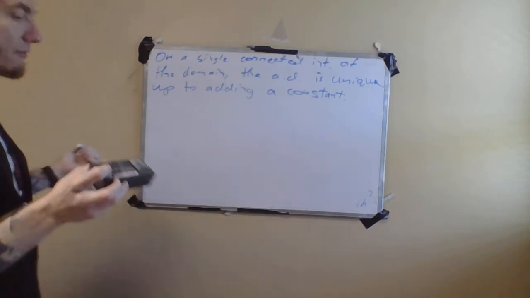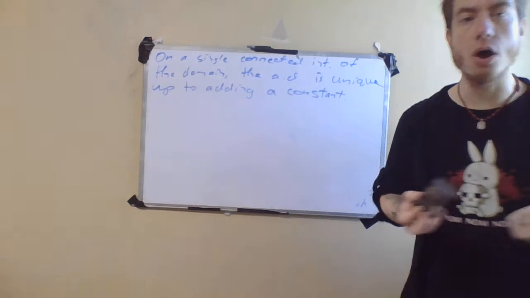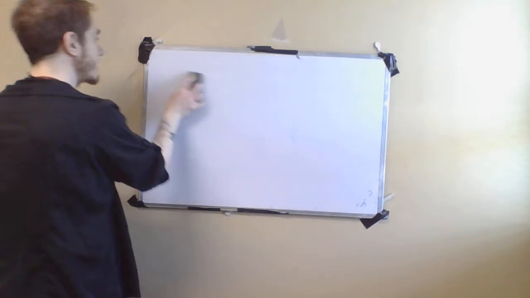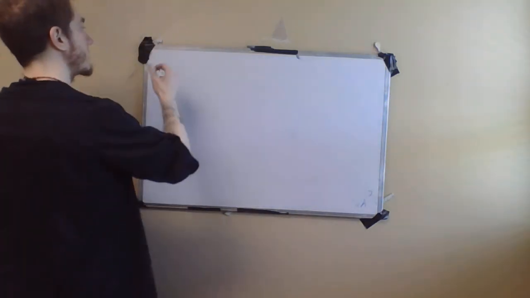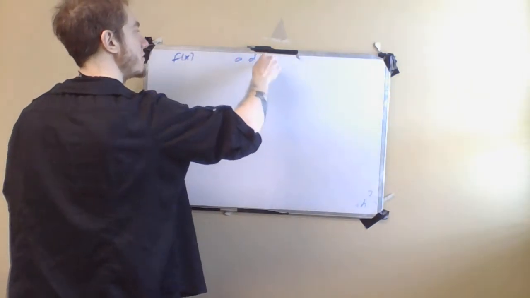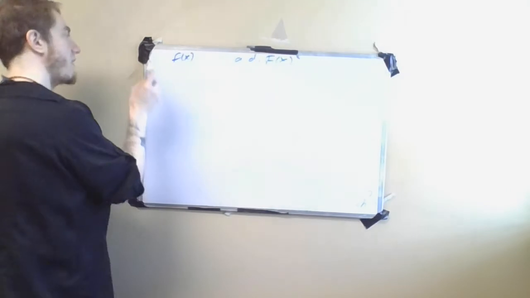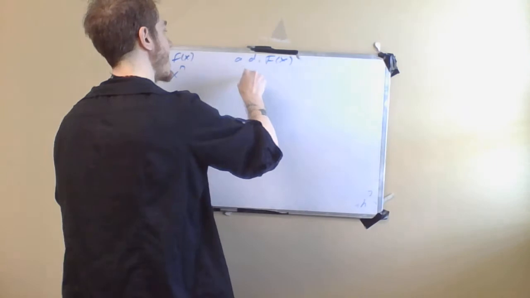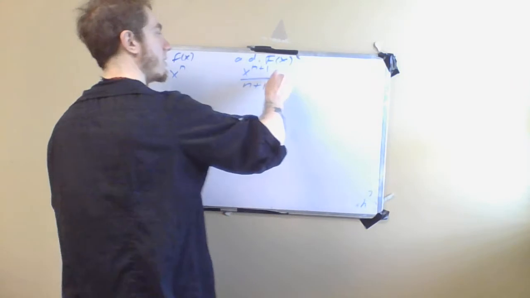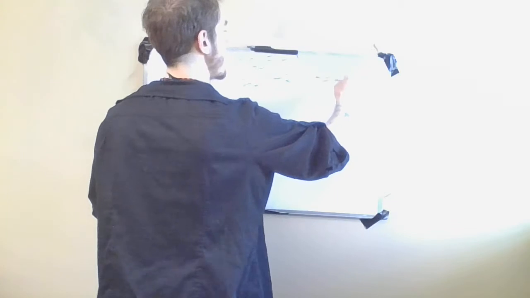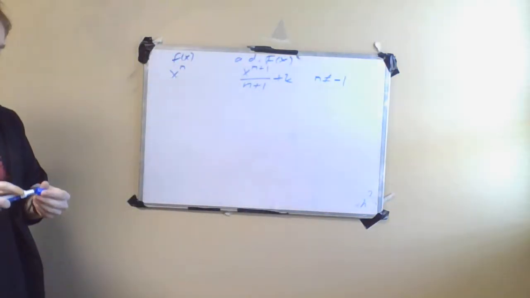Now, if you think about it for a minute, every derivative that I know gives rise to some kind of antiderivative. So, for example, if our function f of x is x to the n, then we list our antiderivative capital F of x: the antiderivative of this is going to be x to the n plus 1 divided by n plus 1, and then plus a constant, provided that n is not equal to minus 1. n equals minus 1 is sort of the special case.